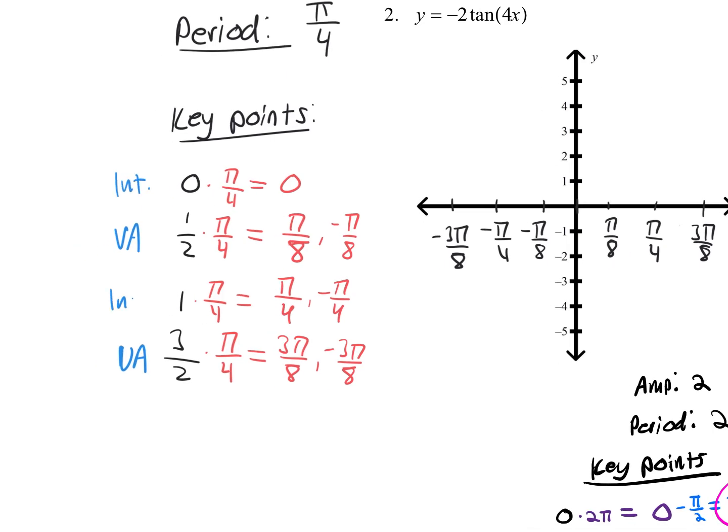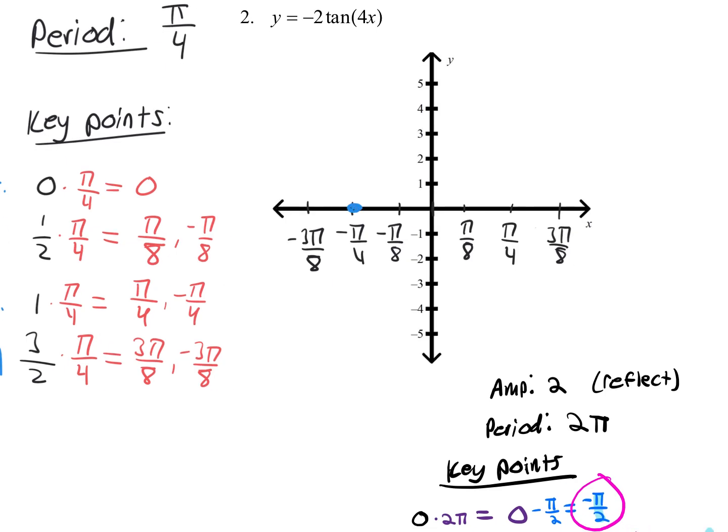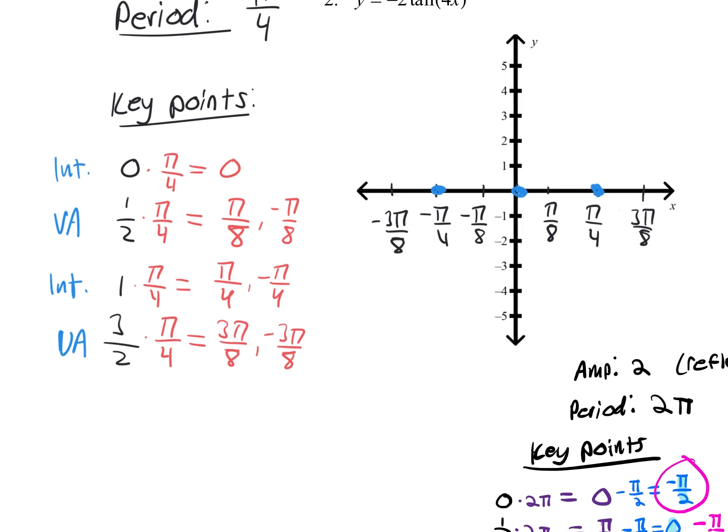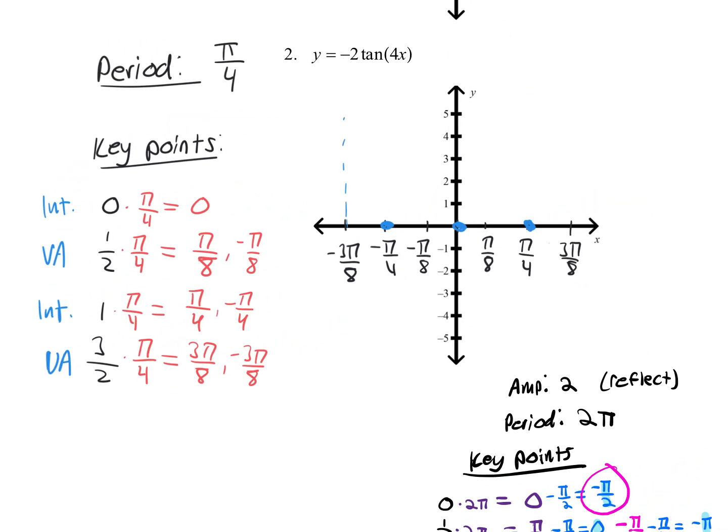The intercepts, right? That's where you're going to cross the x-axis. So they always alternate: intercept, asymptote. So I'm going to plot the x-intercepts, and then we said the halfway marks are going to be the vertical asymptotes. So I'm just going to draw the dotted lines.